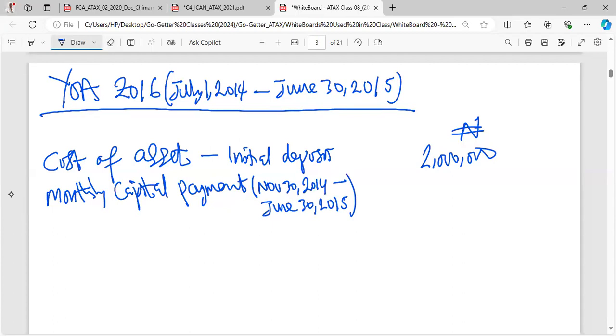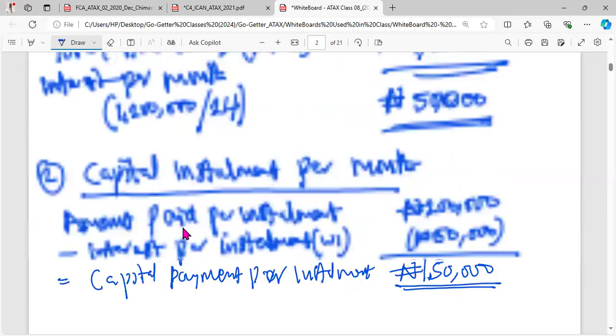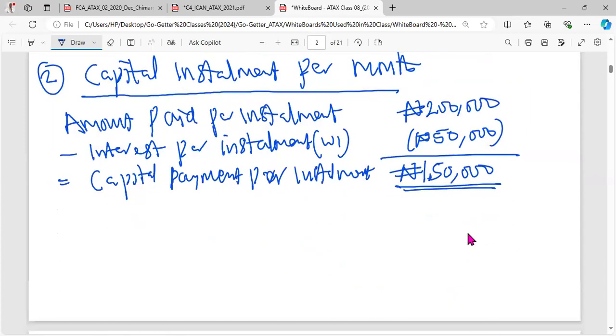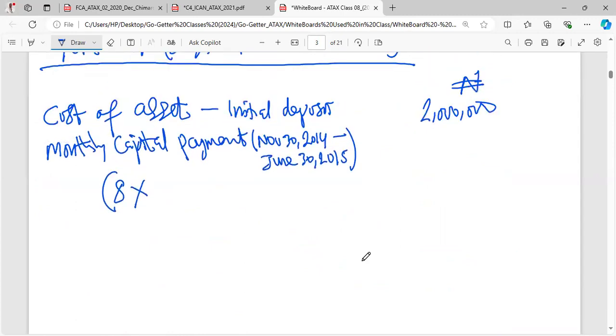Add those, it's going to be 8 months. So you simply say 8 months multiplied by how much is the capital payment each time we make investment in installments? 150. So you're going to multiply this by 150,000.